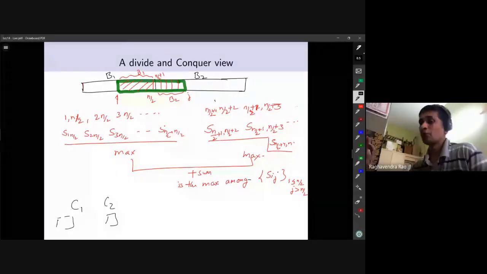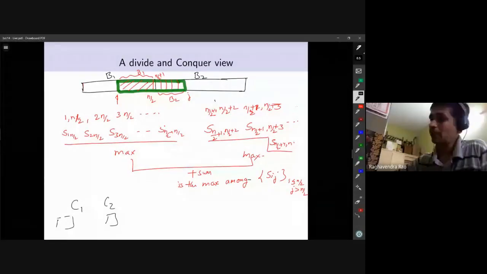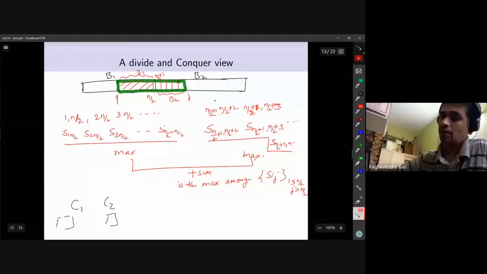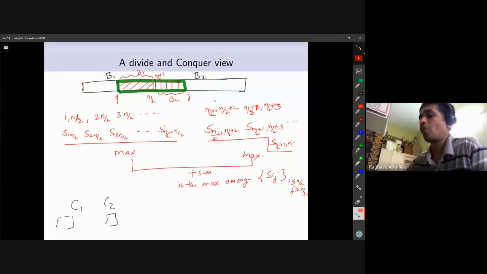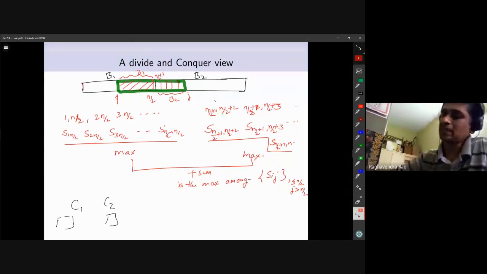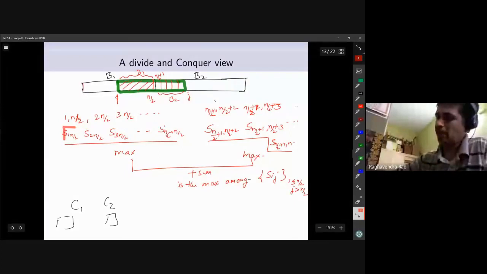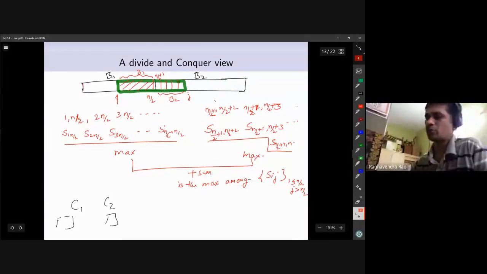Okay. So our task was, we are basically looking for arrays which start in B1 and end in B2 and take the maximum sum among them. But the crucial observation is any such array splits into two. The corresponding subarrays in the first portion are exactly n by 2 many, and similarly in the right hand side there are exactly n by 2 many or n by 2 minus 1.